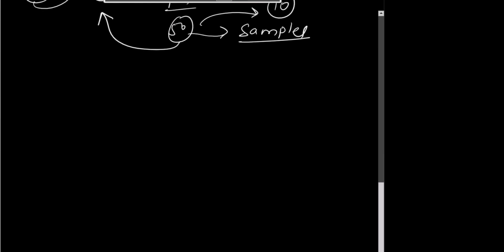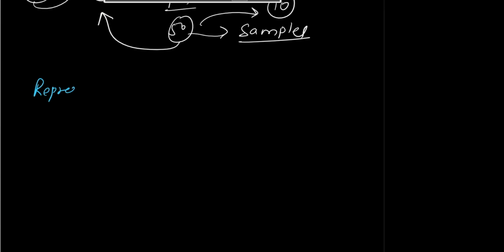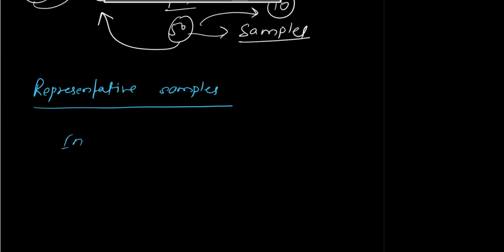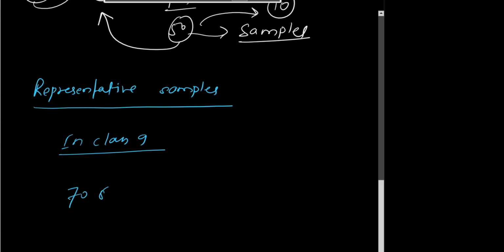Now another terminology comes into play, that is the representative sample. To understand the representative sample, suppose in class 9 there are 17 students. Obviously the students include both boys and girls.